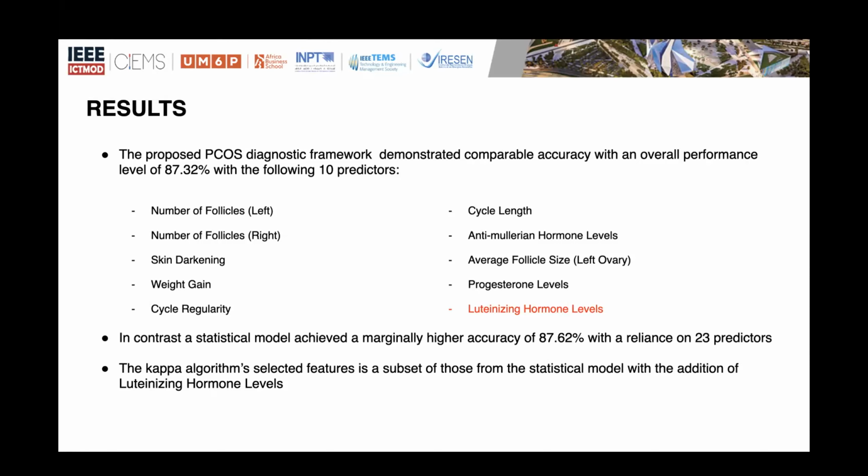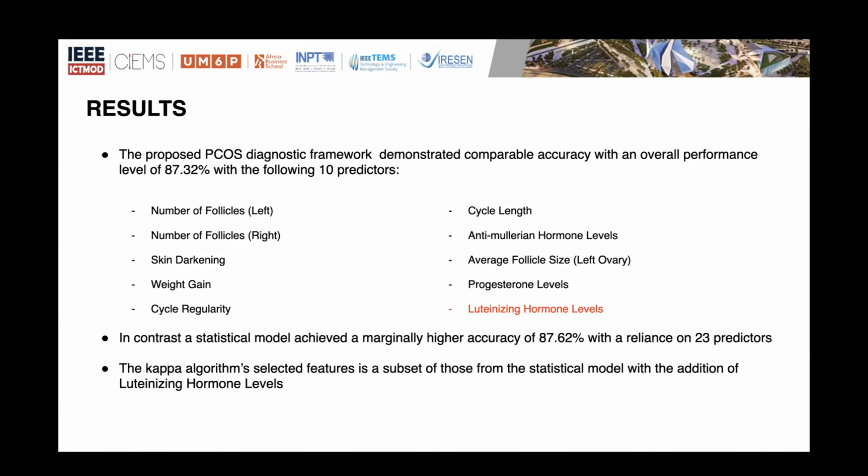It's also important to note that all of the features that were labeled as important to the model when using the kappa algorithm were a subset of those selected when using the random forest model, just with the addition of the luteinizing hormone levels.